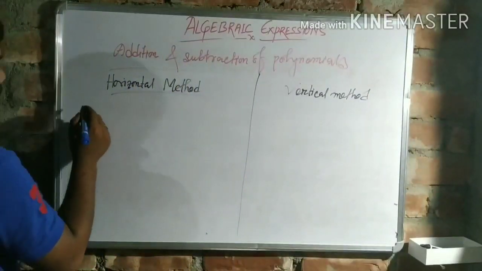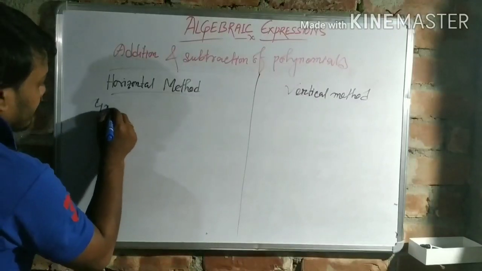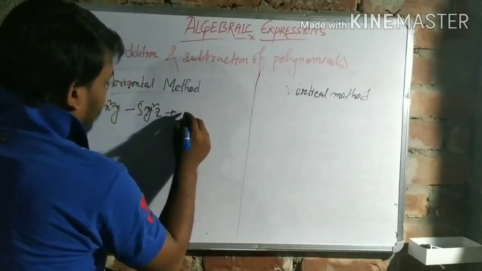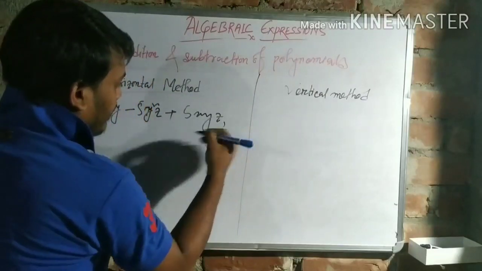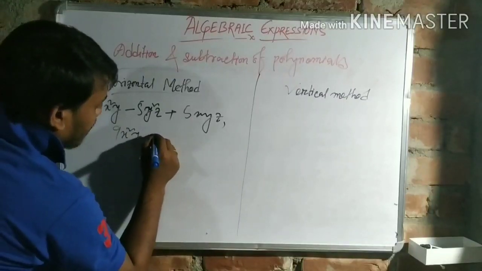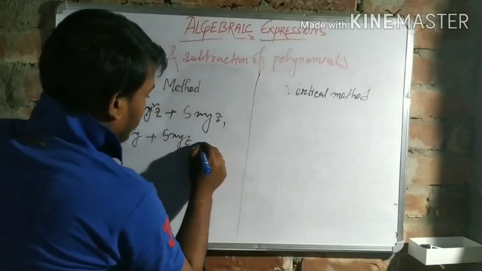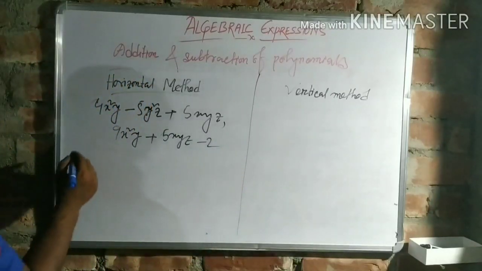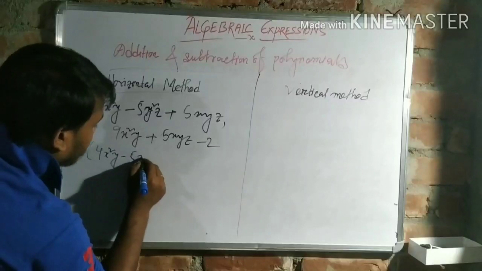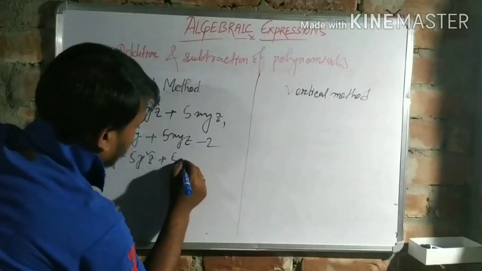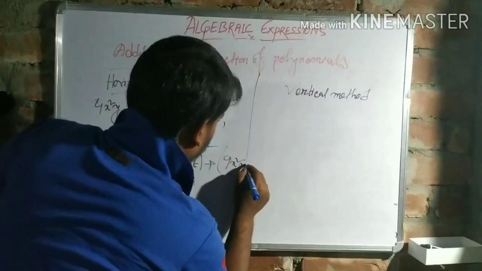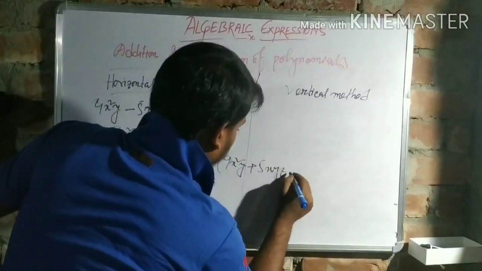So if the question is: add 4x square y minus 5y square z plus 5xyz and 9x square y plus 5xyz minus 2.